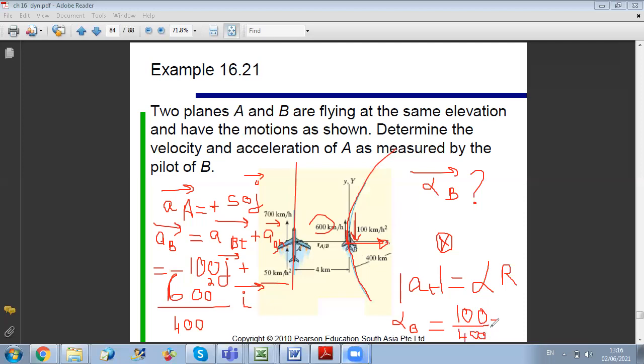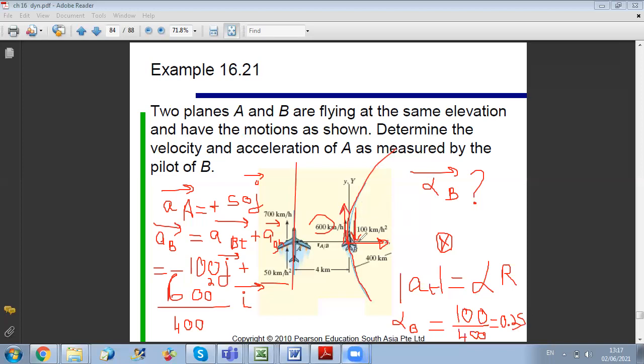Now, also, I should use the right-hand rule to determine if it's clockwise or counterclockwise. Look at the figure. How will be alpha, clockwise or counterclockwise? Velocity is up, but AT is down.